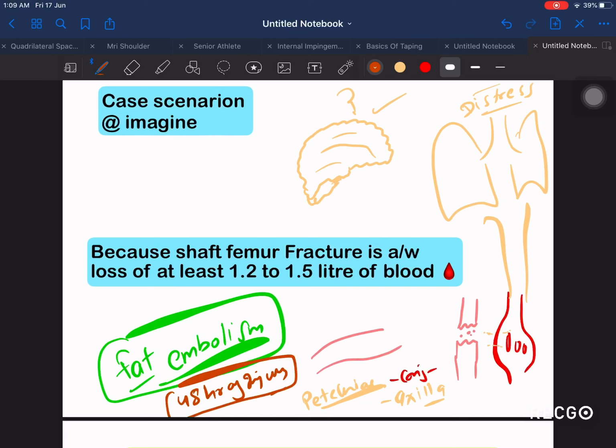What will this Thomas splint do? It will stabilize that femur, so there won't be any movement at all. There will be less pain, less damage to the muscle, and less inflammation. So the patient's pain will be relieved a little bit. This way we stabilize it.